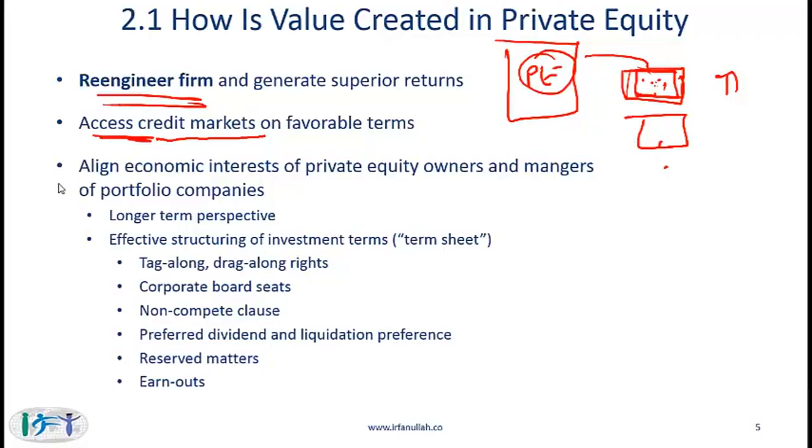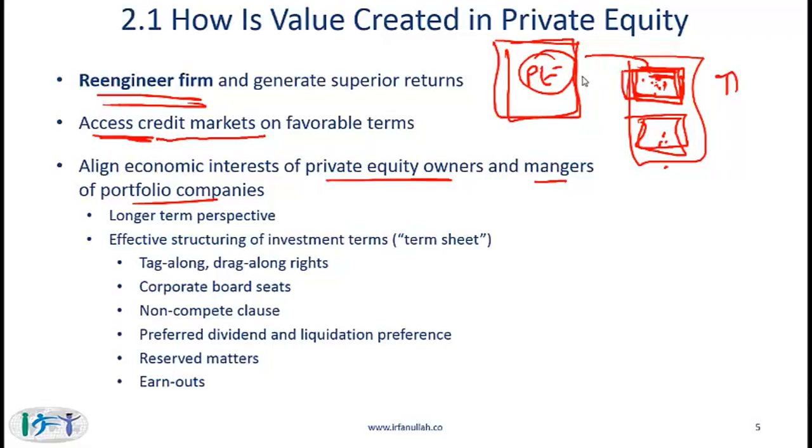And then this third point is extremely important. Private equity firms are structured in such a way that they align the economic interests of the private equity owners and managers of the portfolio companies. As I alluded to earlier, the managers running these particular firms in which the private equity firm is investing, so these are the managers of the portfolio companies. If the incentives of these managers are perfectly aligned with the incentives of the private equity investors, then only good things can happen.